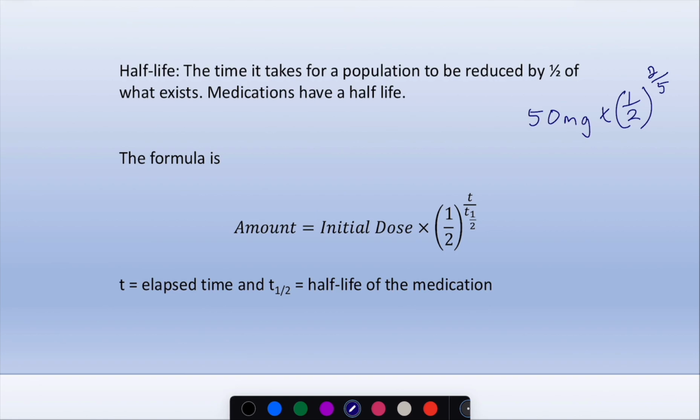Now, how do you put that into your calculator correctly? Well, you're going to get 50 times, you're going to put 1/2, you're going to hit that caret button, and in parentheses, you have to hit 2 divided by 5 or the fraction 2/5. So after 2 hours, you ingest 50 milligrams of caffeine, and let me tell you how much caffeine is left after 2 hours in your body.